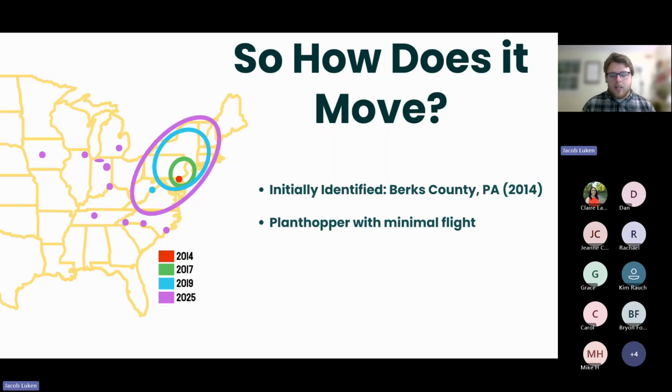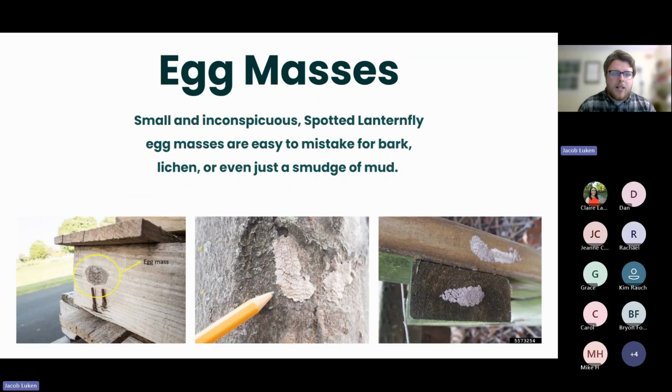And the big key to this is its egg masses. They're small and hard to find, and they can be easily mistaken for bark or lichen, which is something that grows on trees. Or it can even just look like mud.